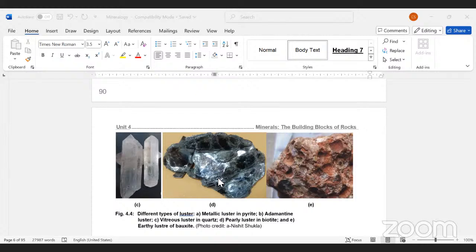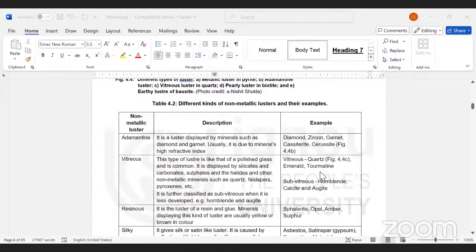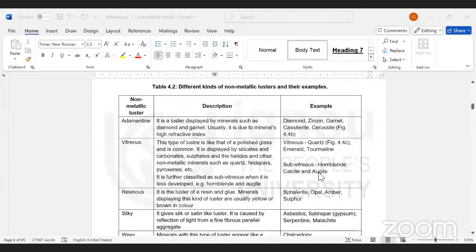D is biotite mica, which has pearly luster. And E is bauxite, which has earthy luster.